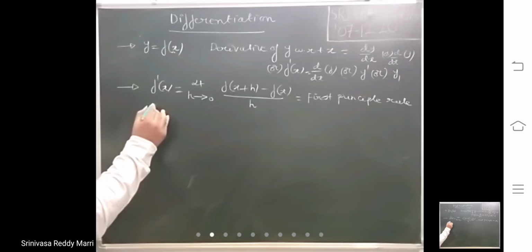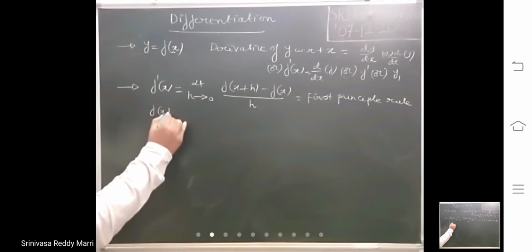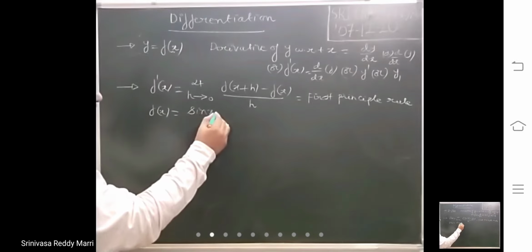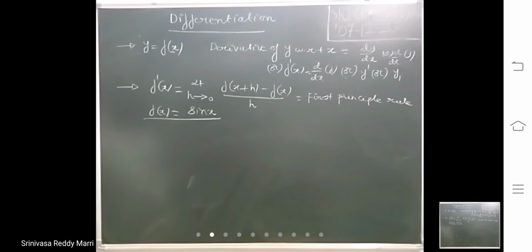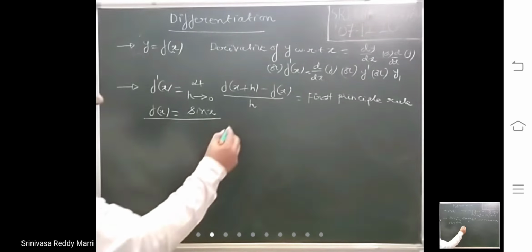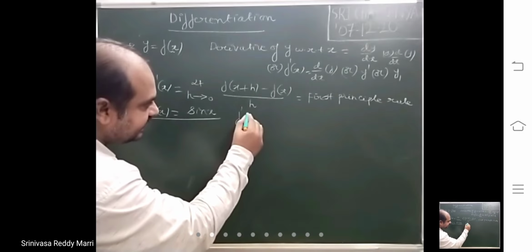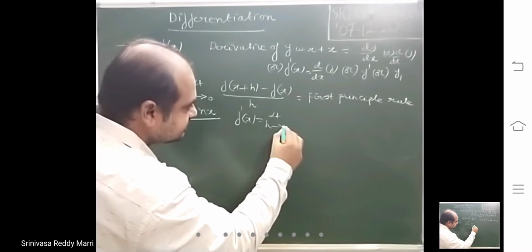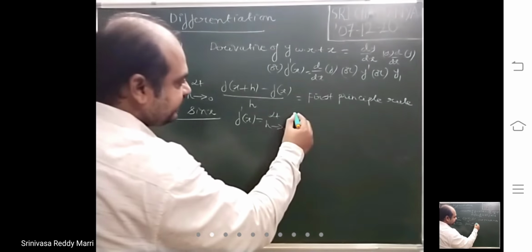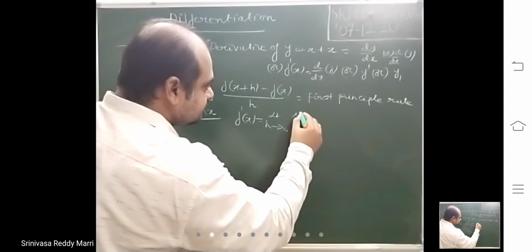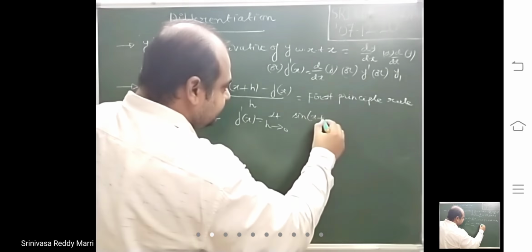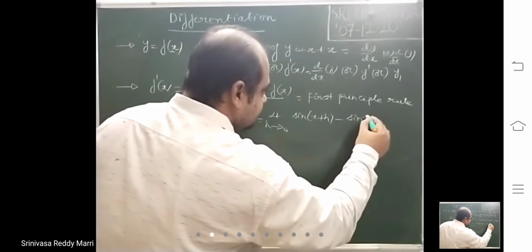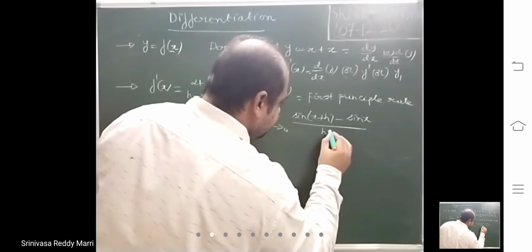Suppose we take just one example of how to find the derivative of a function. Suppose you know the derivative of sin x. Now look, if you calculate this limit, f dash x is limit h tends to 0 of f of x plus h, that means sin of x plus h minus sin x, divided by h.